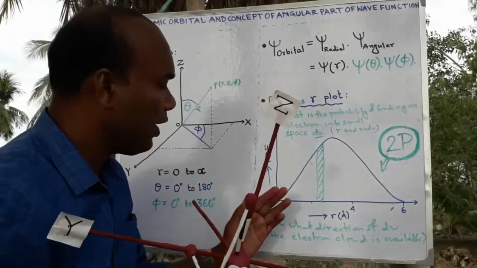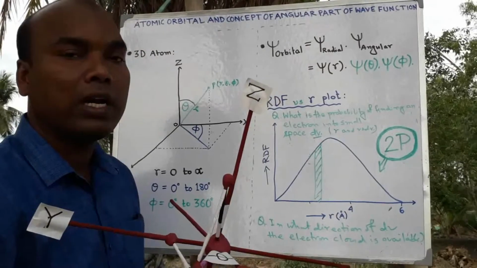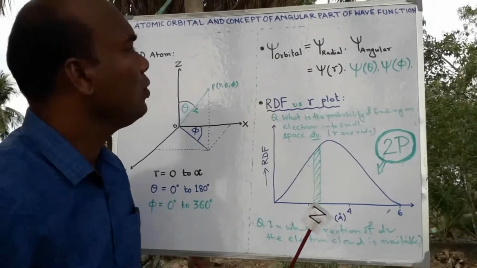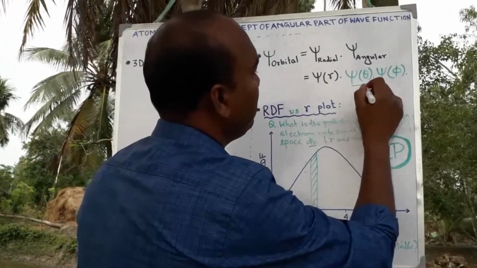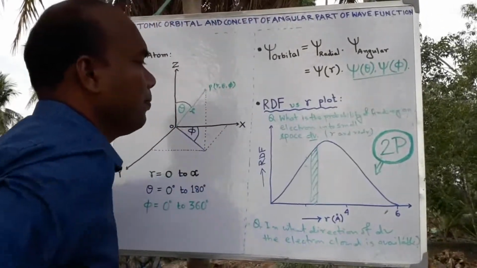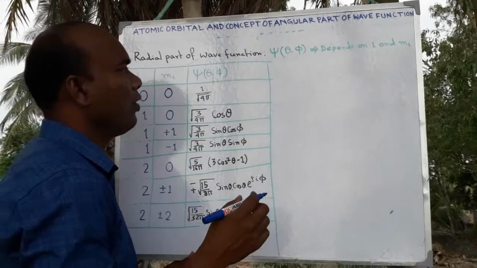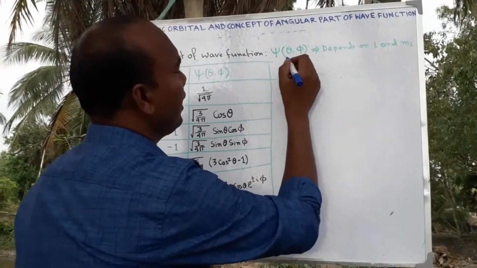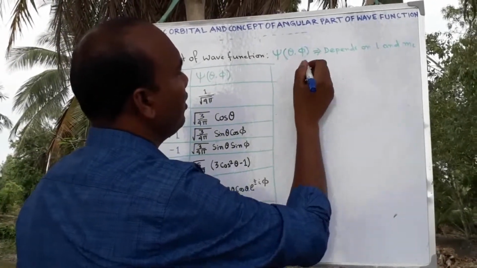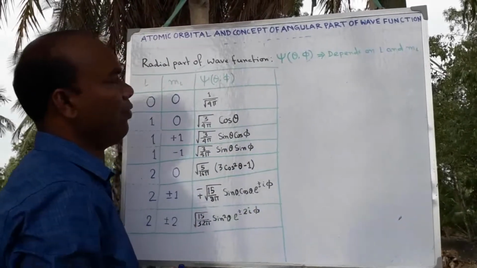That is, at what direction of dv the electron cloud is available. Now come to the angular part of wave function. That is this part. The part of wave function which depends on angle theta and phi is the angular part of wave function.